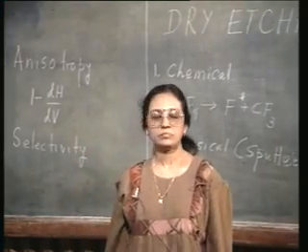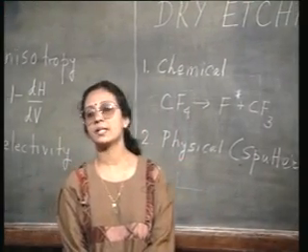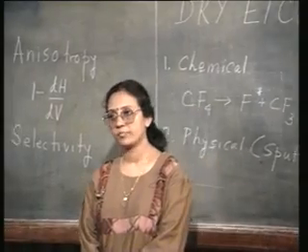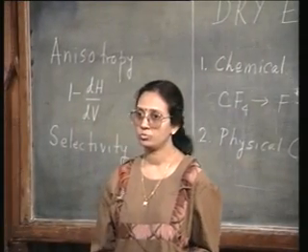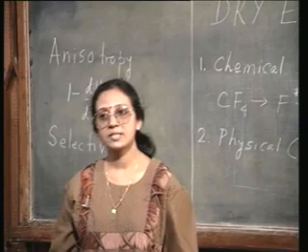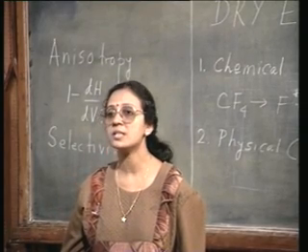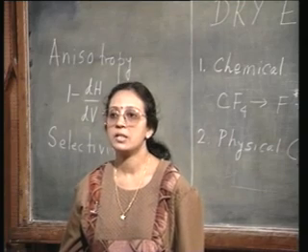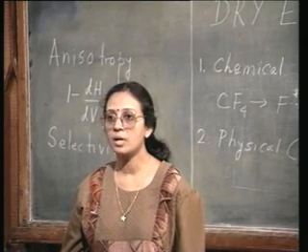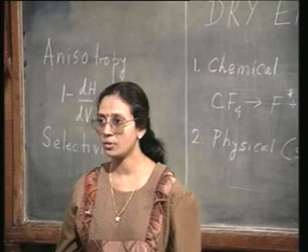So, here you see 4 basic mechanisms of etching. The first 2 we have already discussed. One is chemical, analogous to wet chemical etching. The only difference is instead of having it in a solution media, you have the reaction in gas phase. That is the only difference.